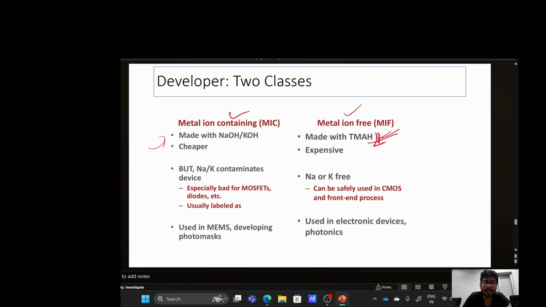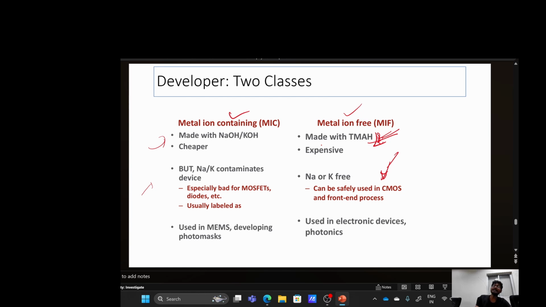CMOS technology uses this because sodium and these metal ion contaminants diffuse very fast inside a silicon wafer, and they are contaminants for the device and can hamper the device properties.